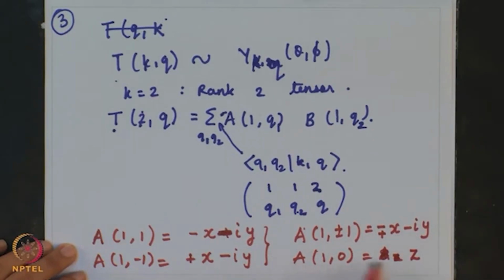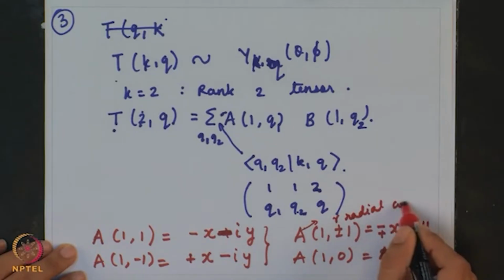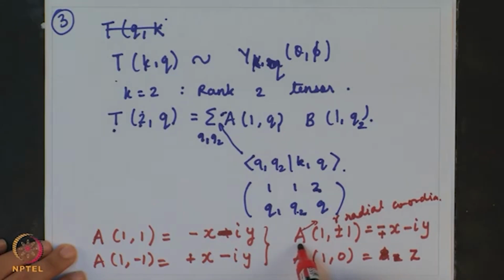Since I am writing in terms of the radial coordinate, where a is some radial coordinate, you can write in terms of x plus iy, and A10 will be the z component. If I am writing a as some momentum operator, then it will be px, py, pz.